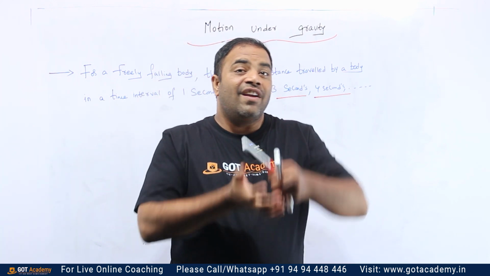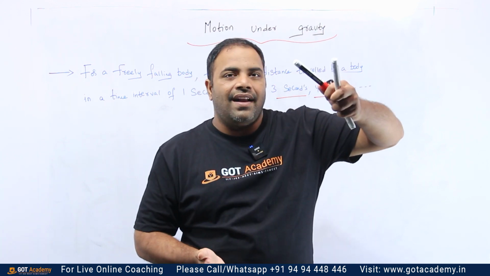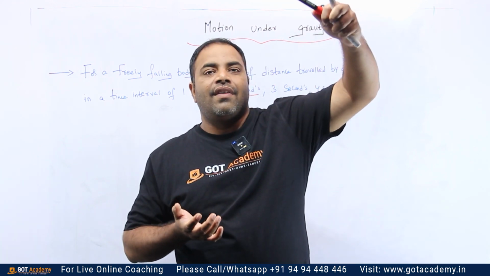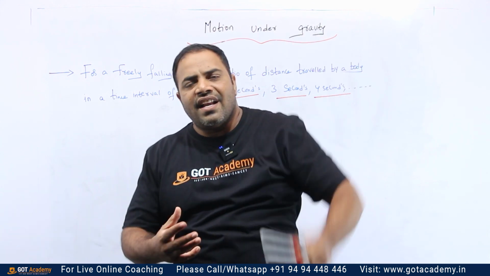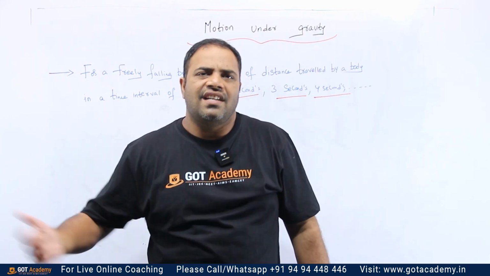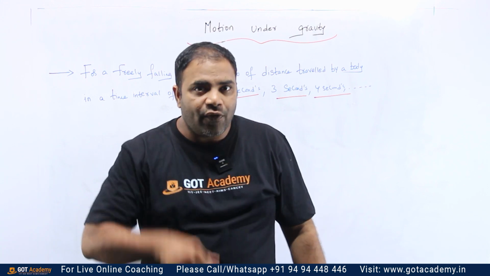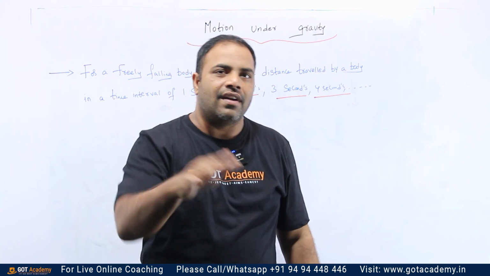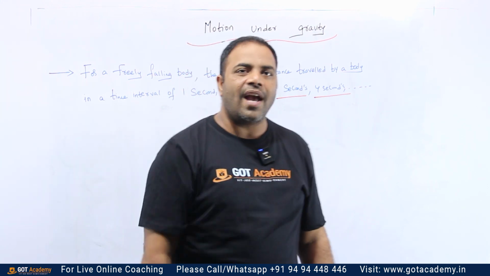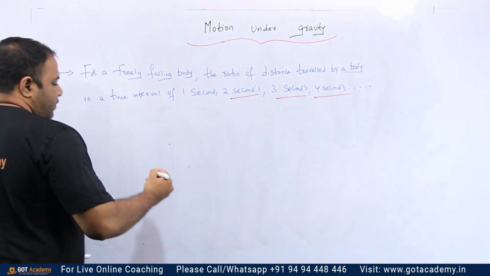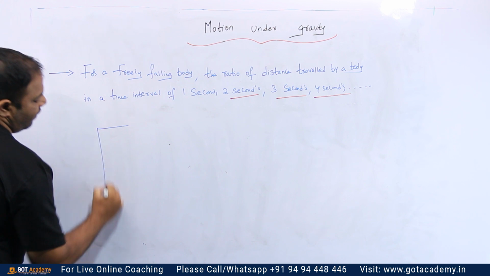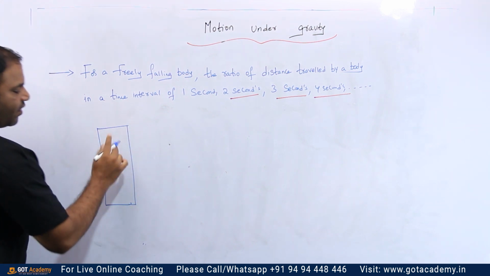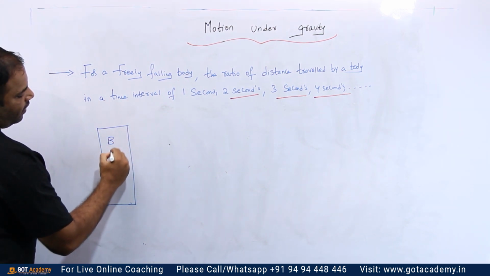It means I am trying to find the overall distances travelled from the top of a tower or building to some points in given intervals of 1 second, 2 seconds, 3 seconds, 4 seconds, 5 seconds and so on, but not for a particular second. That is different, that is the next case we will study. So this is a tower or building, whatever you like, just write down.